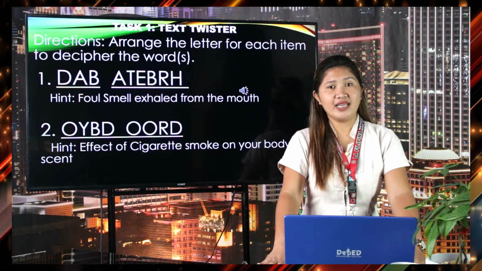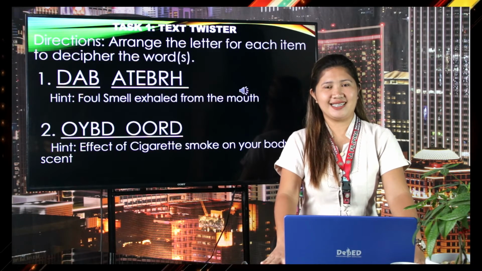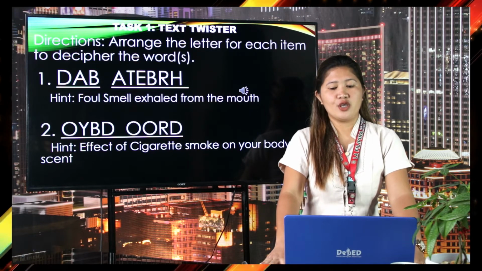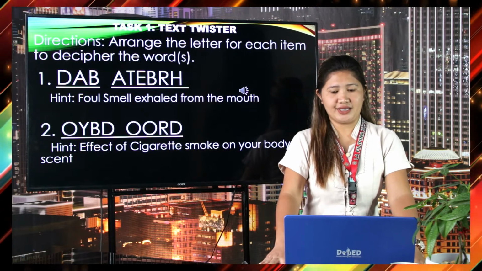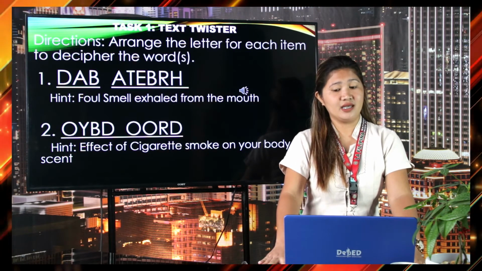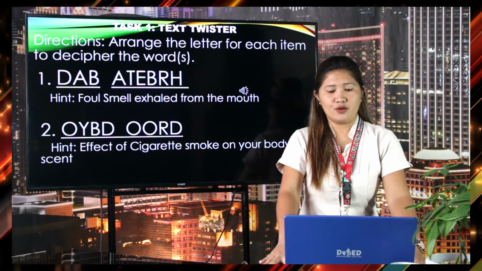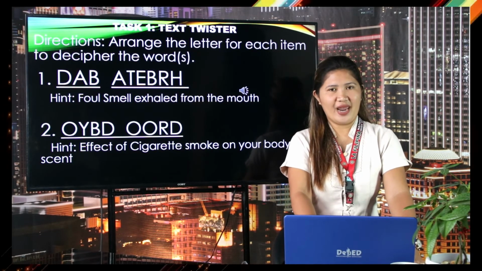Again, arrange the letters of each item to decipher the words. You may write it on your notebook and paper as I read each letter. After that, you will be given 5 seconds to answer. Are you ready? Great, let's start.